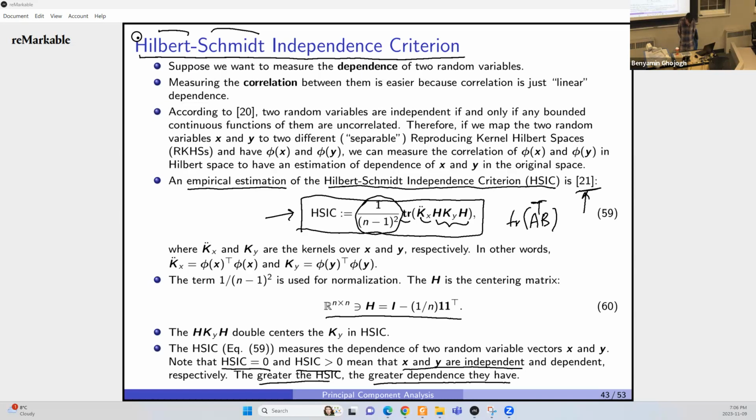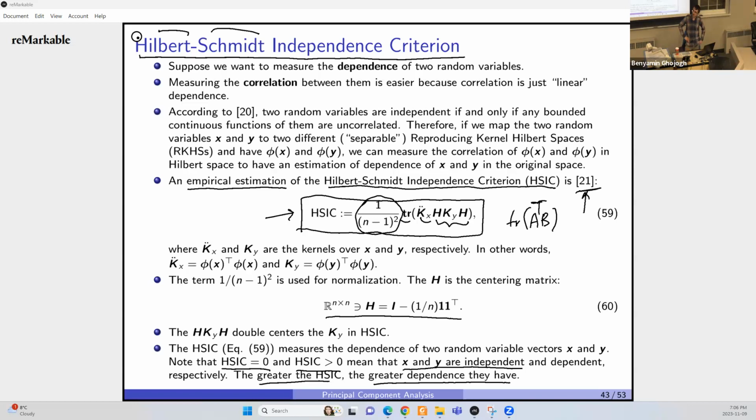So they have proposed, for example, HSIC, they have proposed kernel PCA. Many of the kernel variants of the machine learning algorithms have been proposed by them. I'm not sure about kernel SVM. I don't remember whether it was Vapnik who proposed that or Scholkopf, but I'm sure that kernel PCA was proposed by Scholkopf et al. HSIC was proposed by Scholkopf et al.